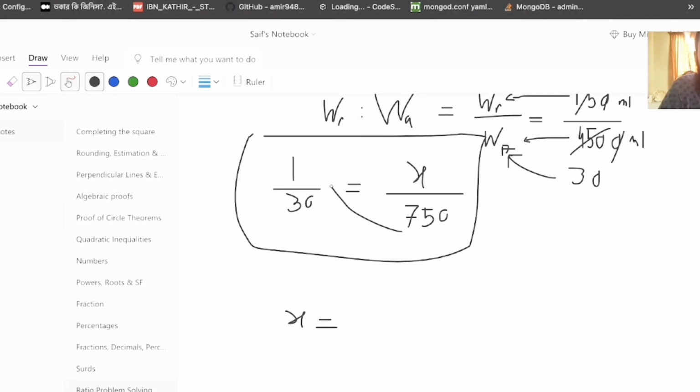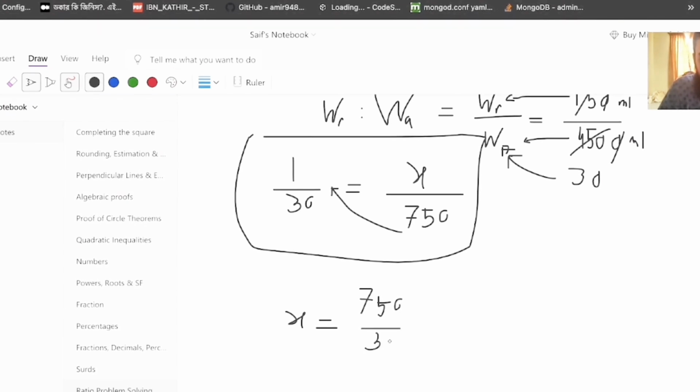X would be 750 divided by 30, or 75 divided by 3. If I divide 75 by 3, I get 3 2s are 6, and 3 5s are 15. So the value of X is 25.